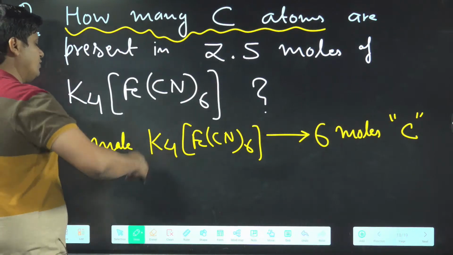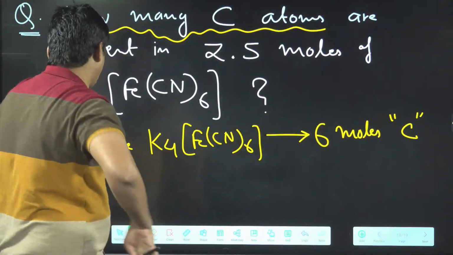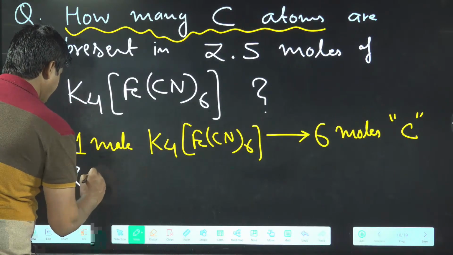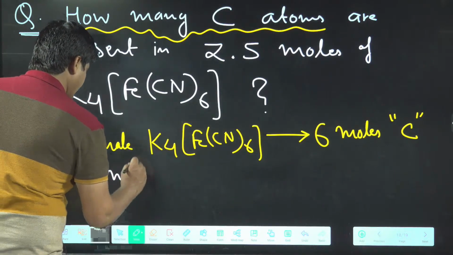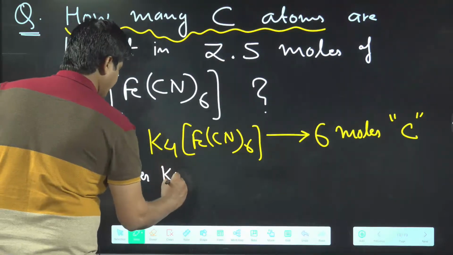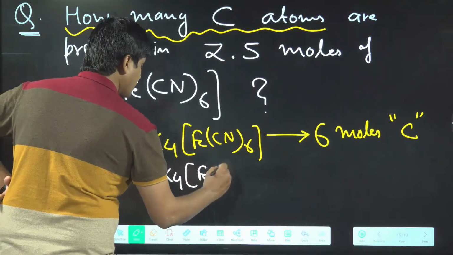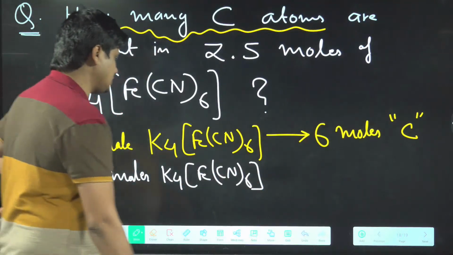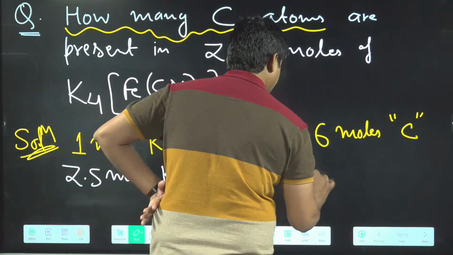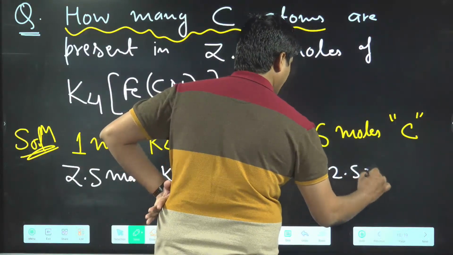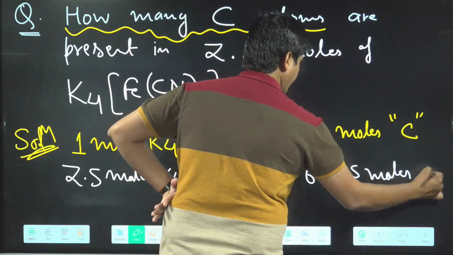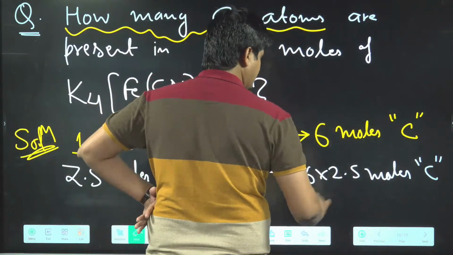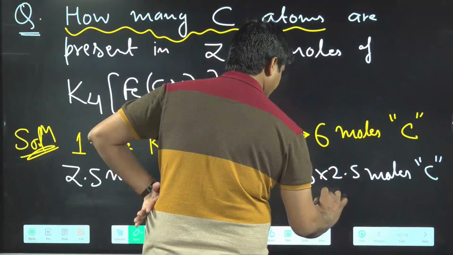So 1 mole of K4Fe(CN)6 contains 6 moles of carbon. Now I can say 2.5 moles of K4Fe(CN)6 contain 6 into 2.5 moles of carbon. If I multiply these two, I'll get 15.